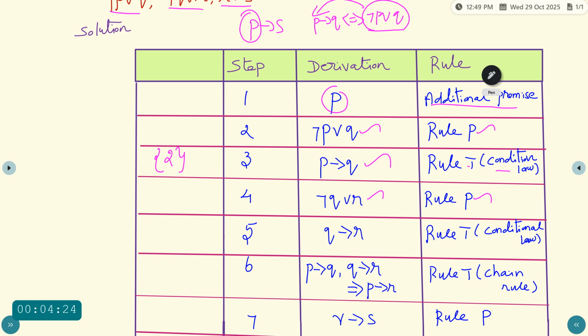The left-hand side is Q implies R, which can be written as negation Q or R on the right-hand side. This is rule P, applying the conditional law. So the fifth step is derived from the fourth one.